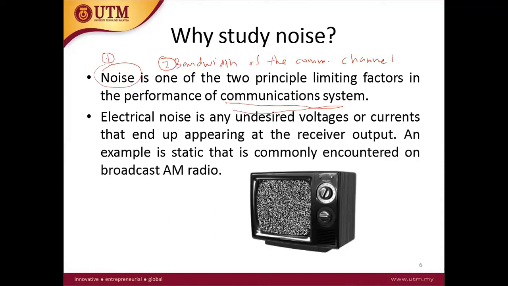So they are exchangeable. When you increase one, the other will decrease. So in a communication system, there should be a trade-off balance between the noise and bandwidth. Basically, electric noise is any undesired voltage or currents.